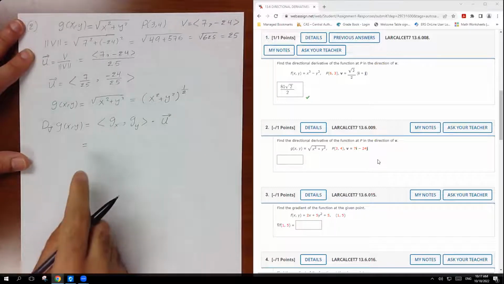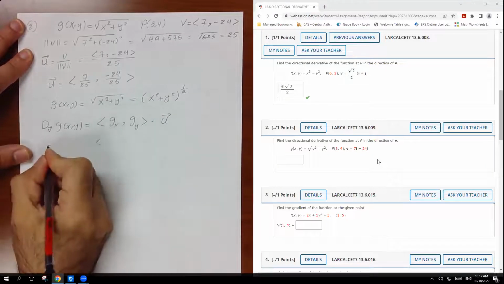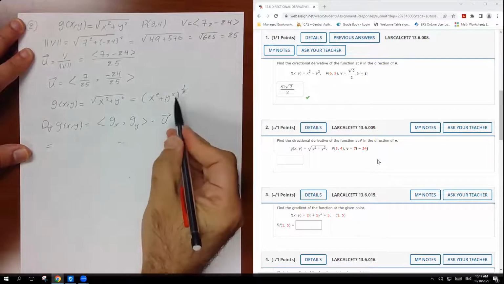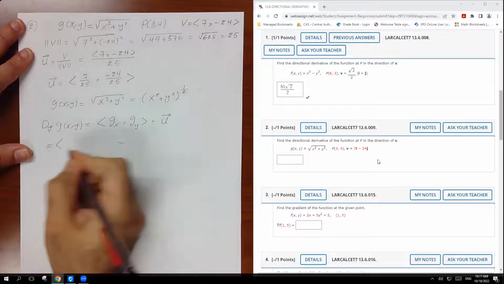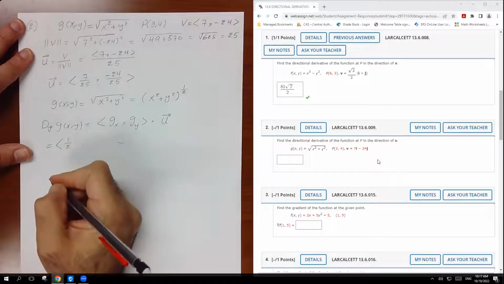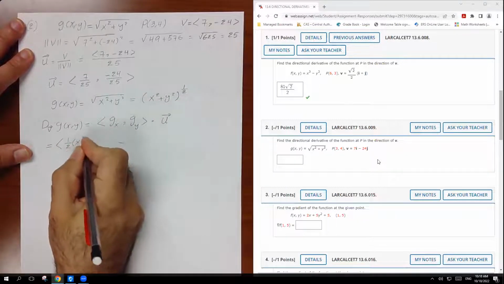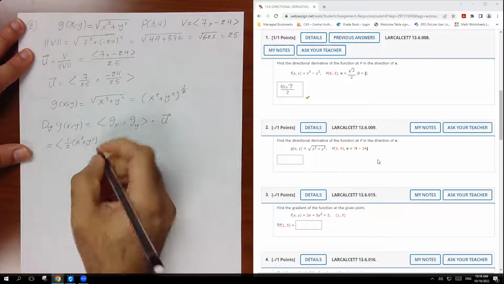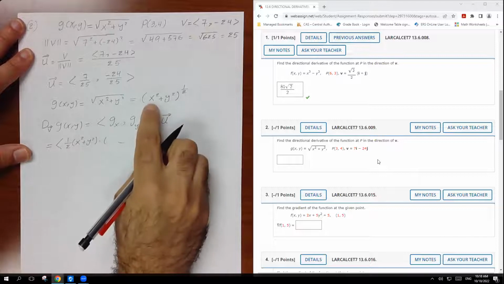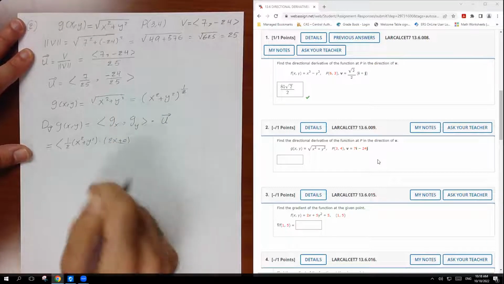Now we need to find the derivative of g with respect to x. It is 1/2, the derivative of the outside, times the function to the negative 1/2, don't forget that, times the derivative of the inside, which with respect to x is 2x, and the y term is 0 because it's a constant.